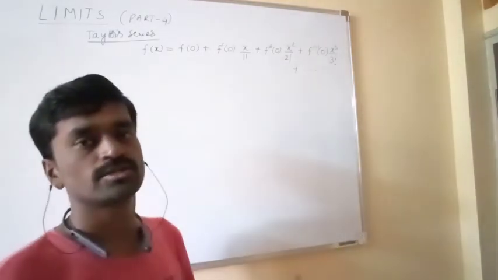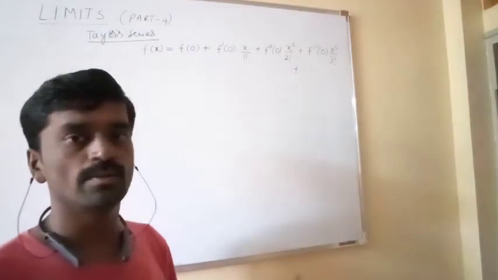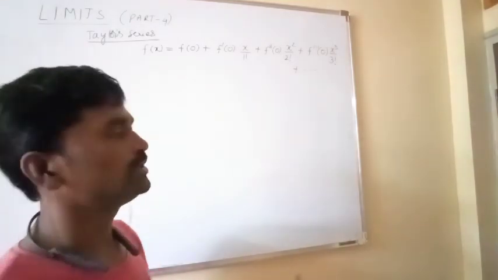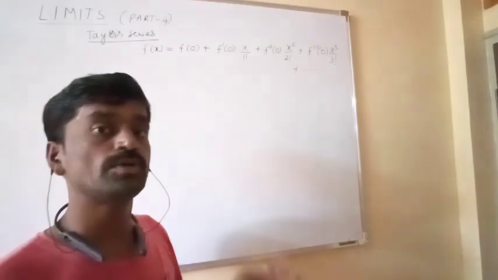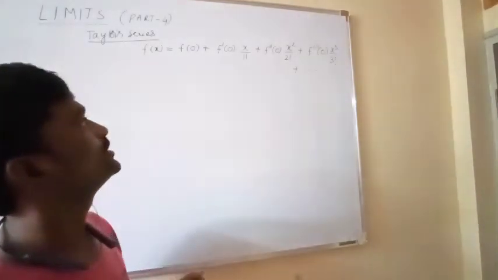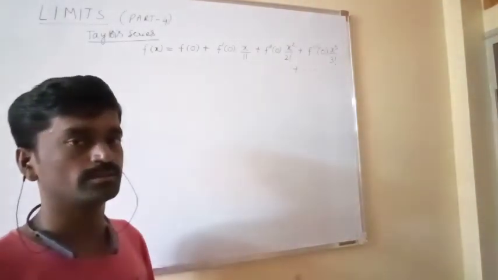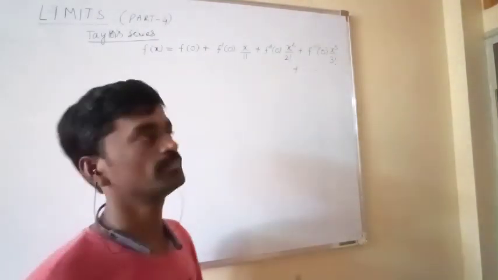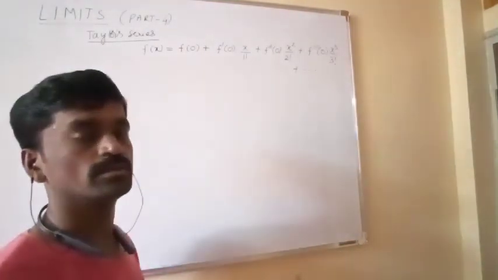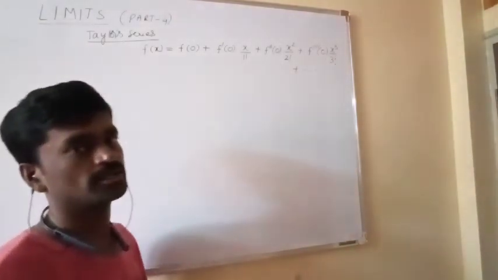Here f dash is the first derivative, f double dash the second derivative, f triple dash the third order derivative. F dash of 0 means find f dash x, put x equal to 0. F of 0 means in f of x put x equal to 0. F double dash 0, in f double dash x put x equal to 0. Put x equal to 0 in f triple dash x to get f triple dash 0.